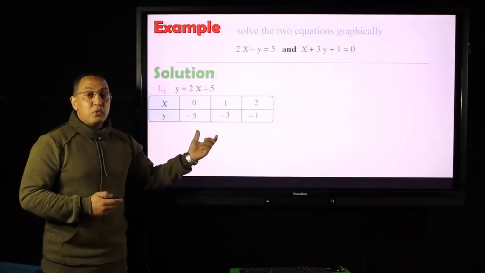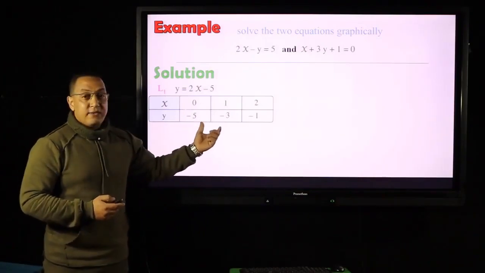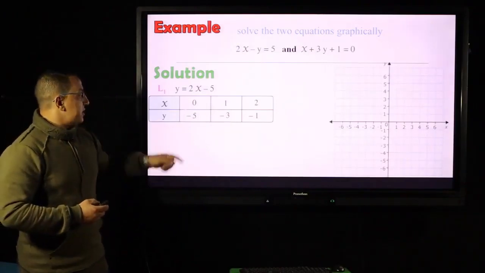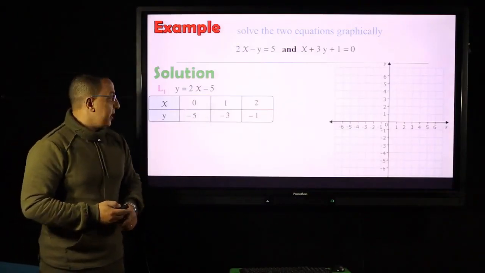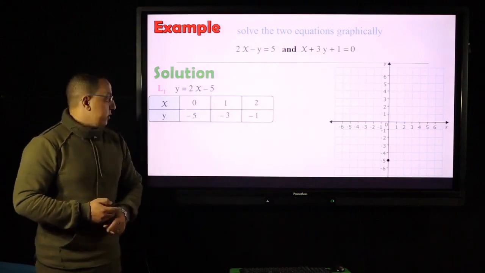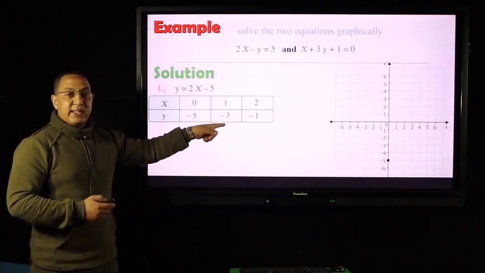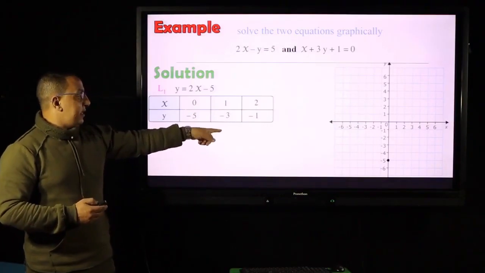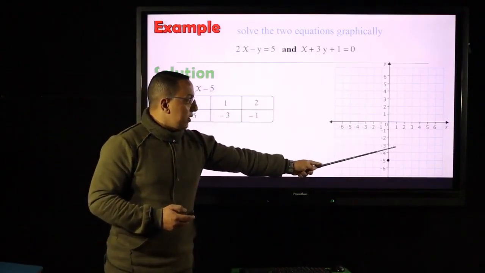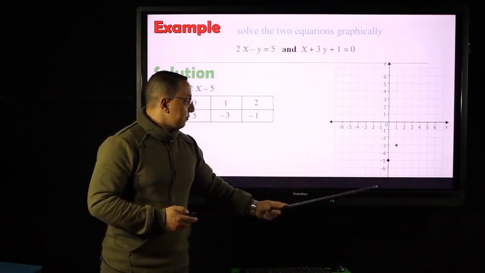Okay, now I'm going to represent the three values in the graph like this. Here the first point, 0 and negative 5, lies on the y-axis as you see down. Okay, and 1 and negative 3 is represented here, go right to 1 and then go down to negative 3, like this.